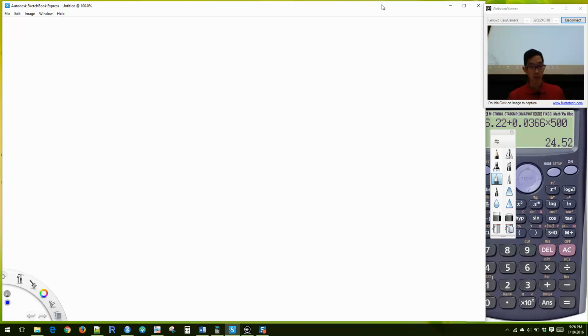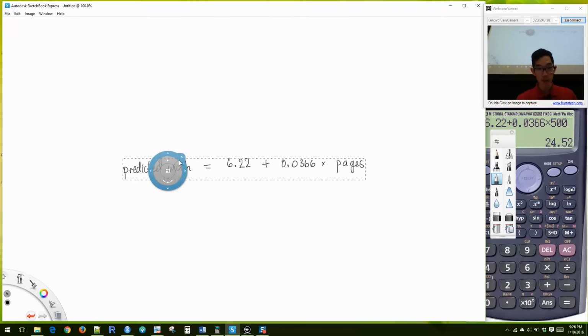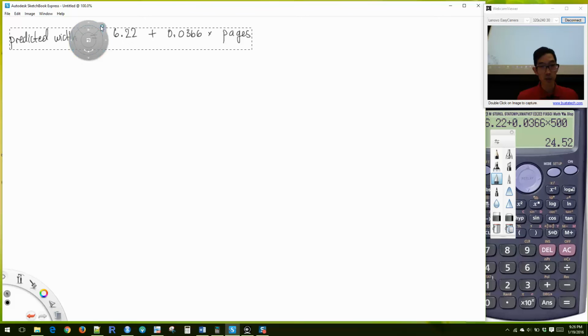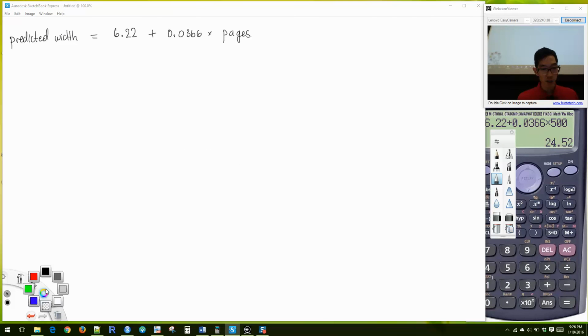So next slide. Okay, so let's talk about each of these things. The 6.22 is our intercept, and our slope is 0.0366. Okay, so let's talk about what the slope means. What does this mean?